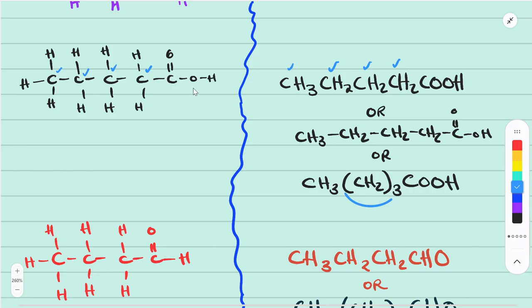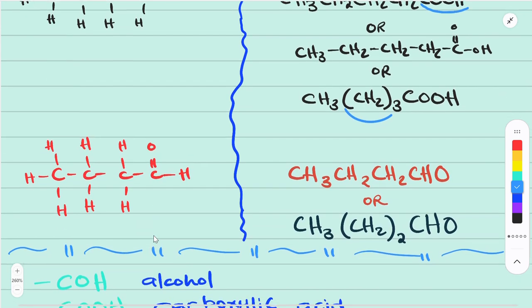So we start with this oxygen and then follow up with the hydroxyl group, so it's C double bond OH. Every time you see double bond OH, you need to know that this is going to be a carboxylic acid, basically, guys.